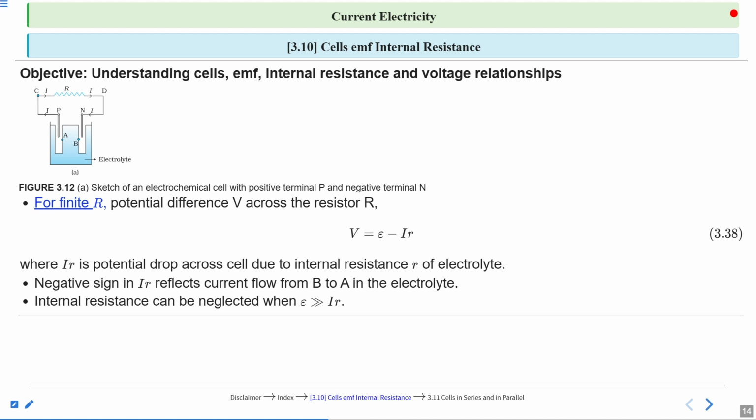This potential difference is given by equation 3.38, which is V equal to E, that is EMF, minus Ir, the potential drop inside the cell.